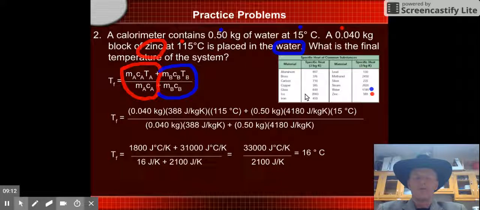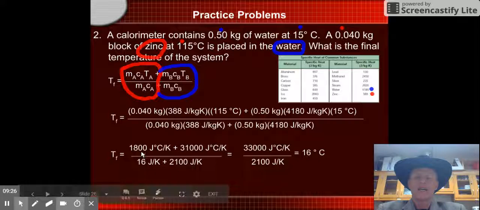So now, how do you simplify something as massive as this? Well, change each expression, each product, into a number first, then add, then divide. So when you're using a big fraction, change each product. You should end up with 4 numbers just like this: 1800, 31,000, 16, and 21.